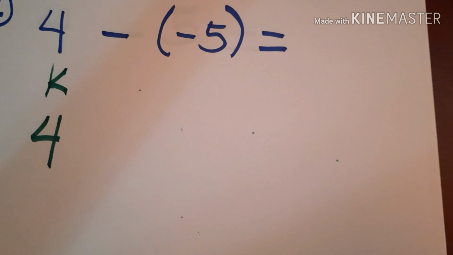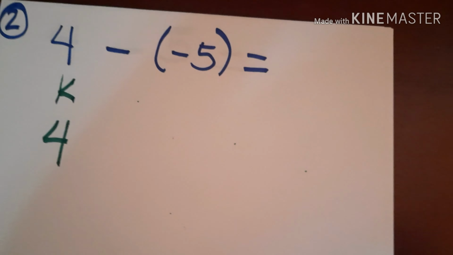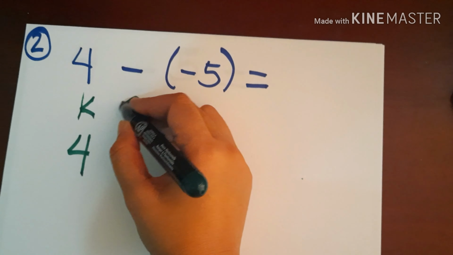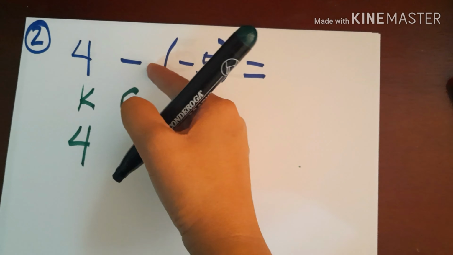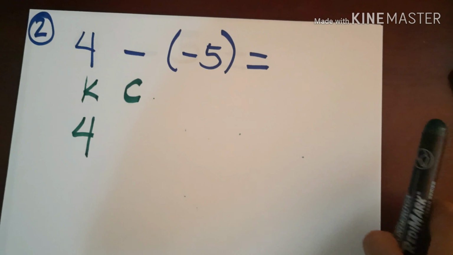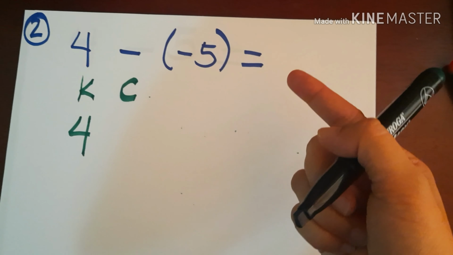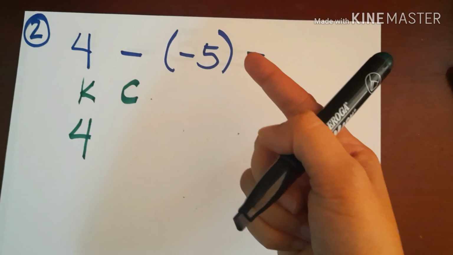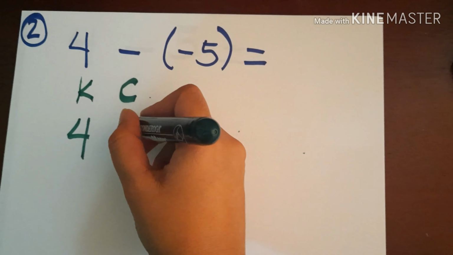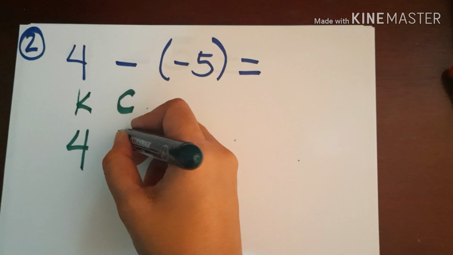Next is to change. What needs to be changed? We apply C. Of course, we now need to change the operation. So from subtraction sign, we change it. What's the opposite of subtraction? It's simply addition. So we put there the addition sign.